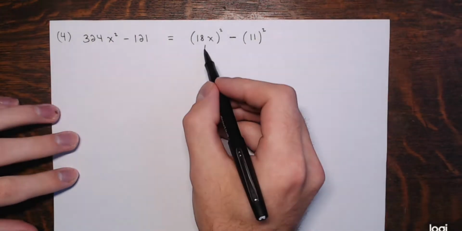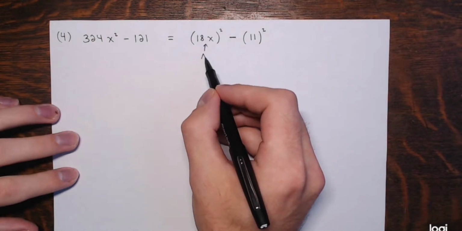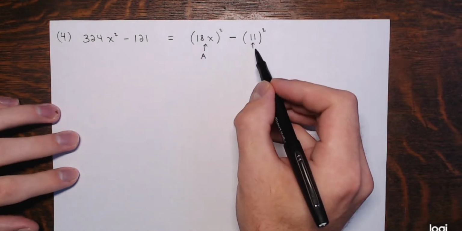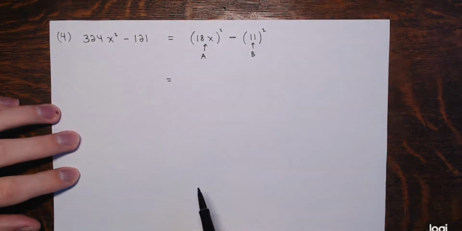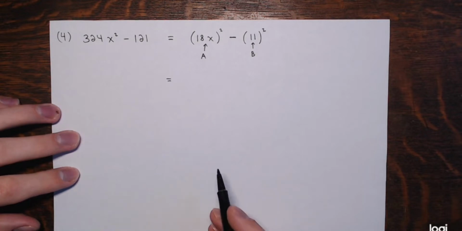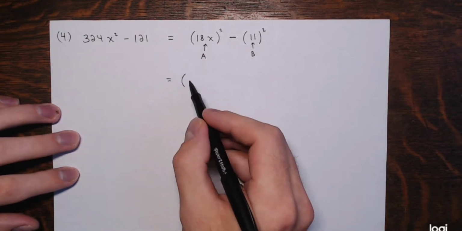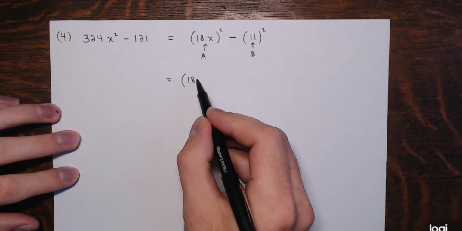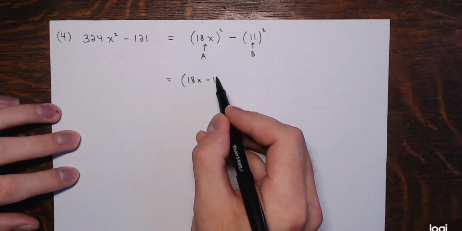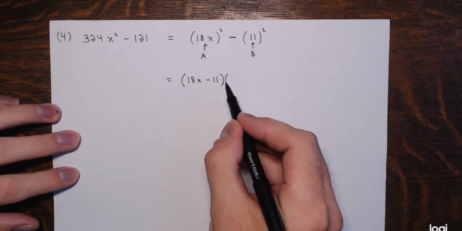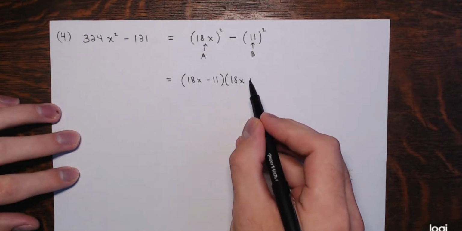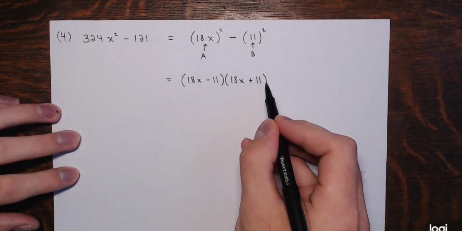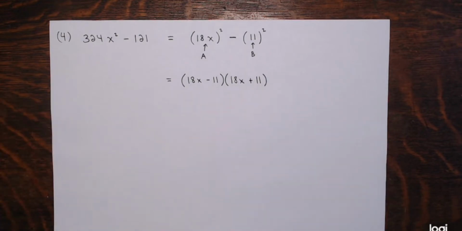Alright, so I'm going to think of 18x as A, and think of 11 as B, and then this factors to a minus b times a plus b, or a plus b times a minus b, whichever order you prefer. So a minus b would be 18x minus 11 times, and then a plus b, 18x plus 11. And there we go. Completely factored.